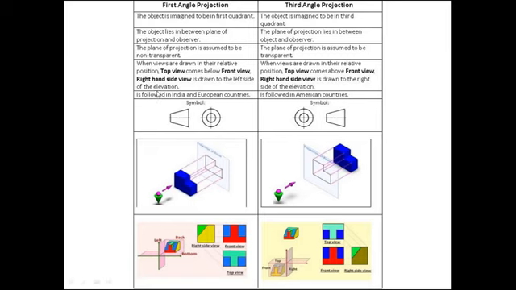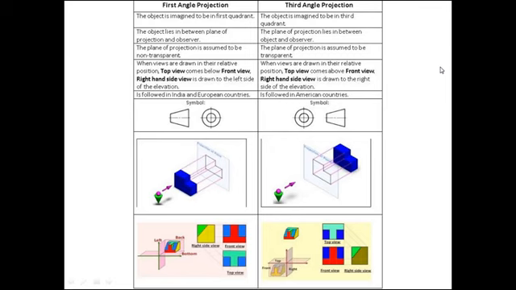We provide the symbols on the drawing sheet so that the engineer or worker can understand that the entire sheet is drawn in first angle projection or, by observing the other symbol, in third angle projection.